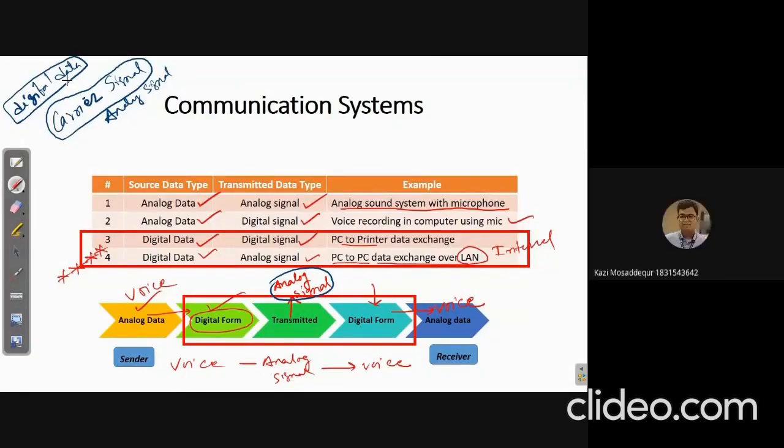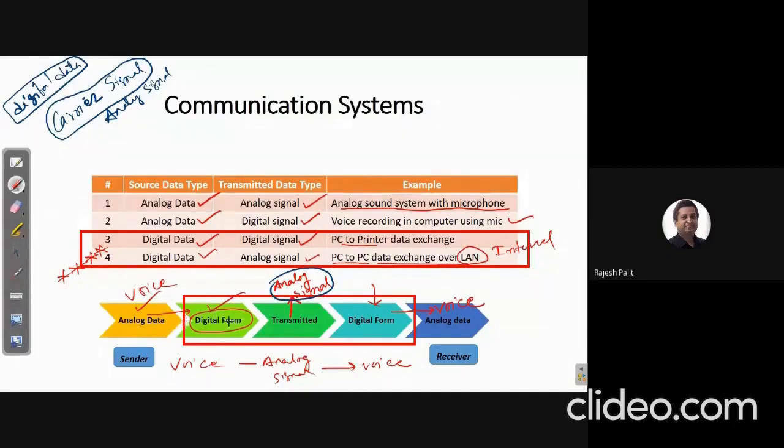Sir, question. When we're converting from analog to digital, we're losing some data, right? Definitely. We will discuss that now. Then won't it be easier if we just transmitted digital data? The thing is, when you convert analog data into digital, we lose some information.